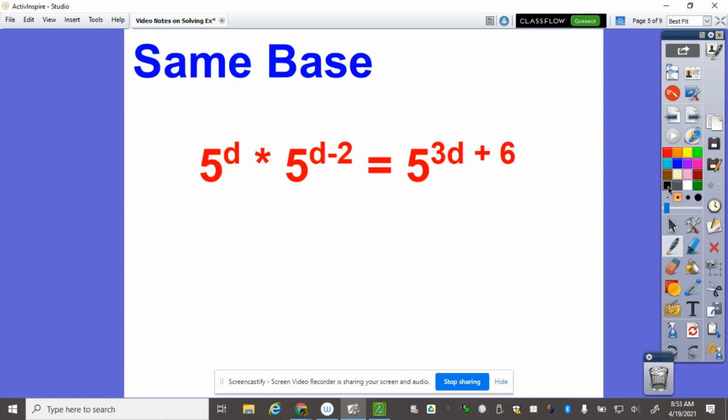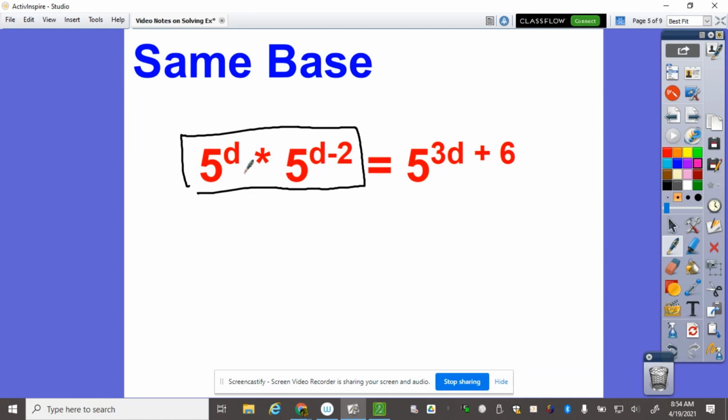What if we have some more expressions on one side like this? 5 to the d times 5 to the d minus 2 equals 5 to the 3d plus 6. Focus on this one here. As part of our step, we have to apply and simplify the rules of exponents on each side.